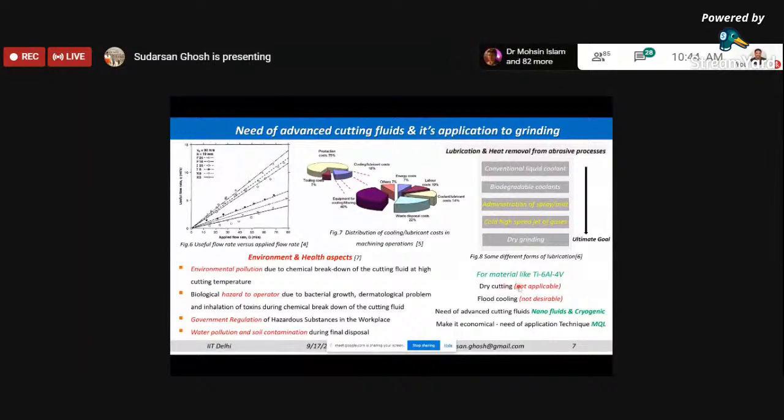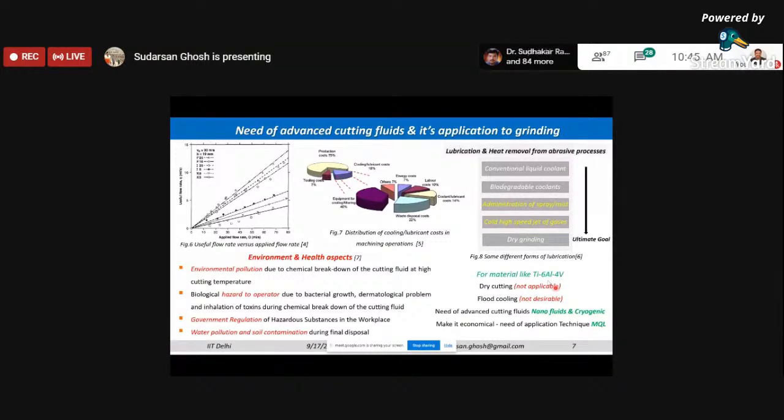It has been found through extensive research that dry cutting cannot be performed. So this is a problem, and we have to use the cutting fluids or the metalworking fluids.